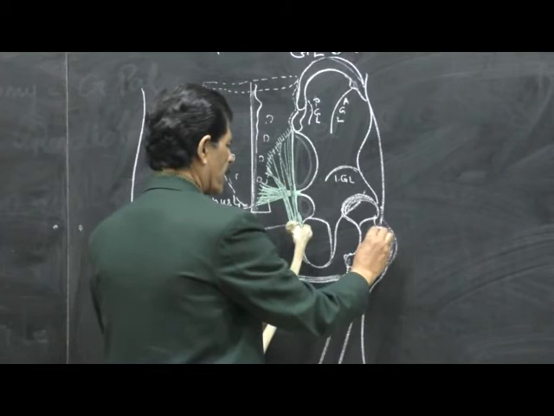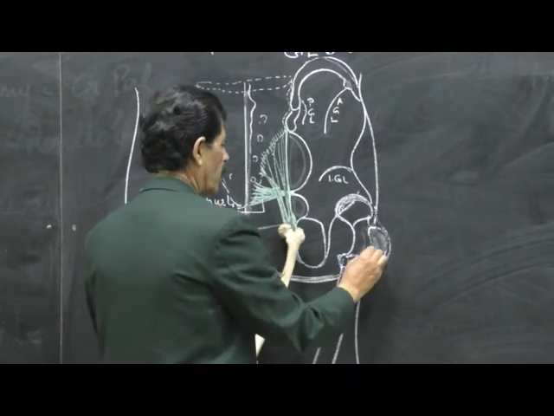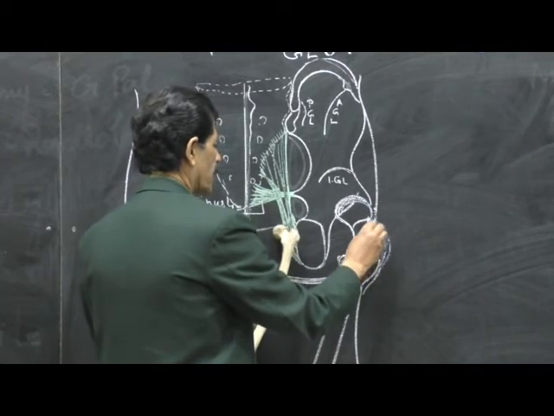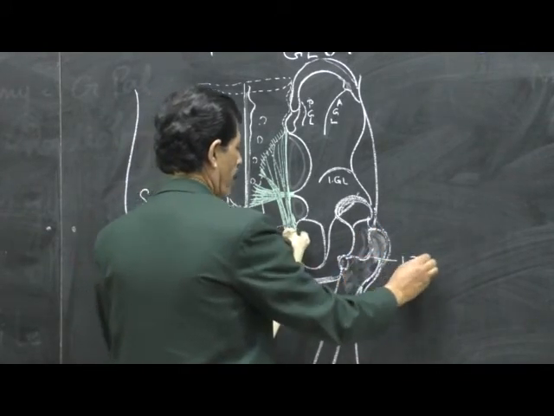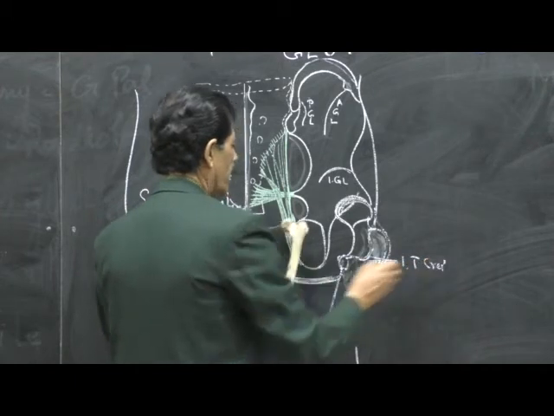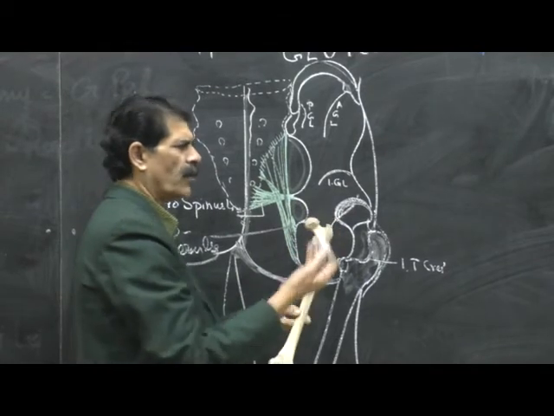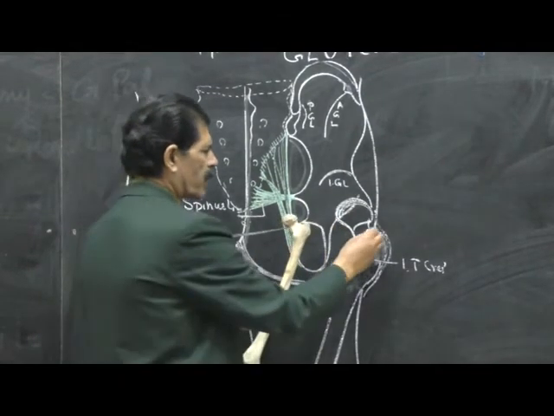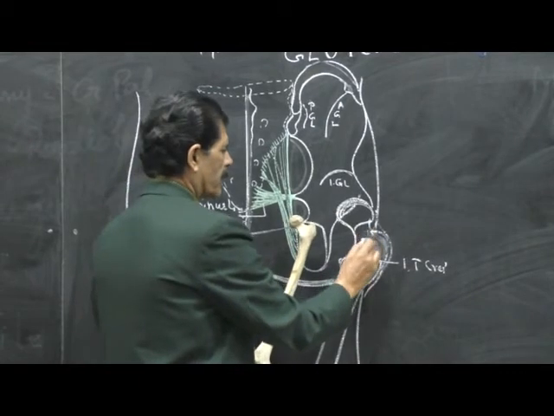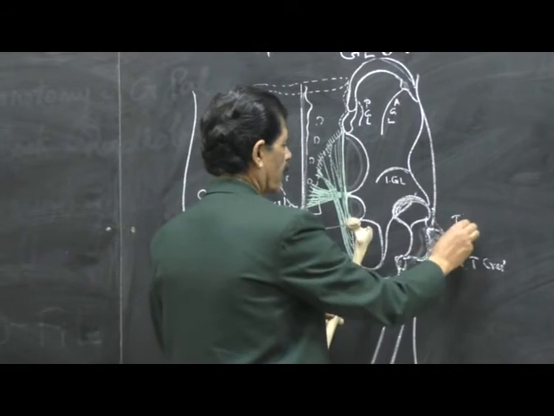From the greater trochanter to the lesser trochanter, there is a raised area of the bone, and this is called the intertrochanteric crest. Remember, anteriorly there is an intertrochanteric line, but posteriorly the raised area of the bone is called the intertrochanteric crest. In the upper part of this crest, there lies a fossa or a depression. This is called the trochanteric fossa.